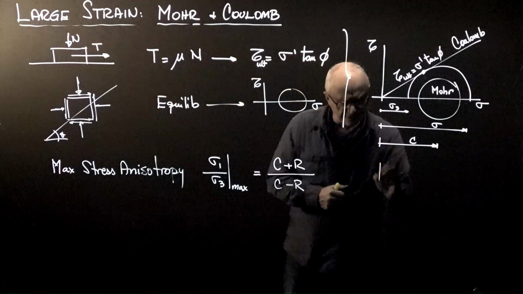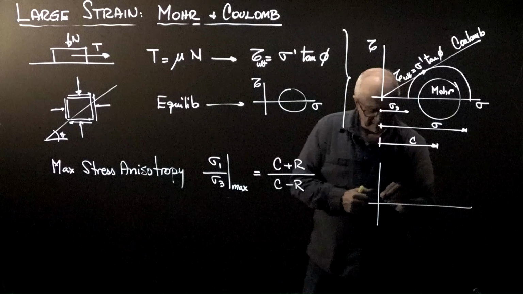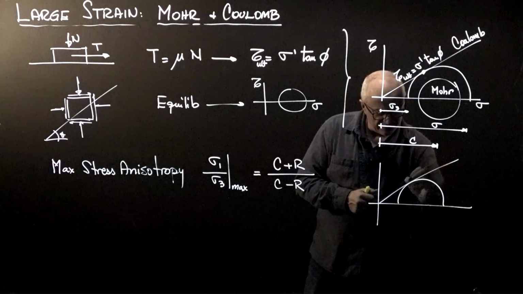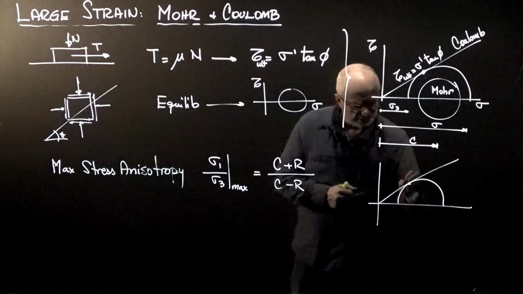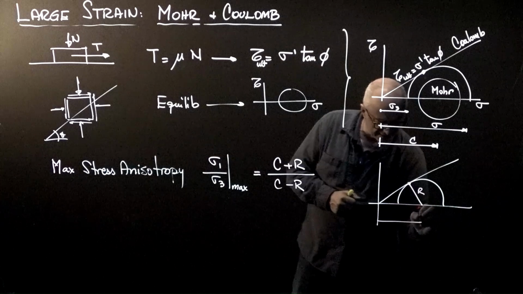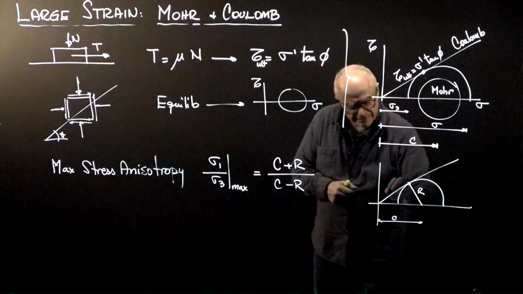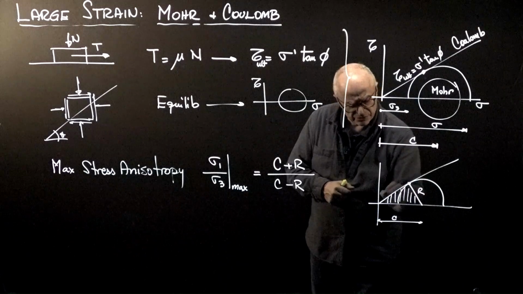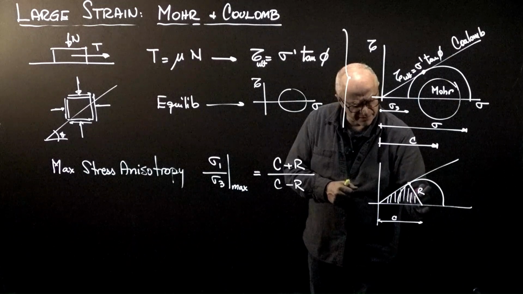Let's redraw this for clarity. And this is the circle at the verge of failing, touching the failure envelope. This is the radius, and this is the distance to the center. If you look at this triangle, the radius is the opposite to the angle, and this is the hypotenuse.